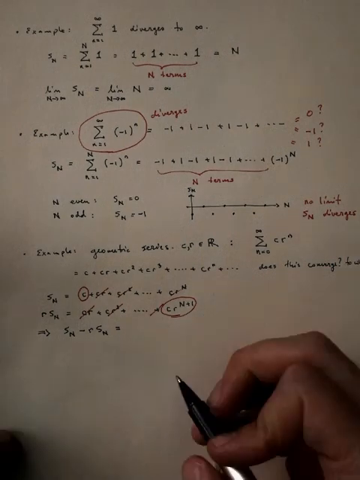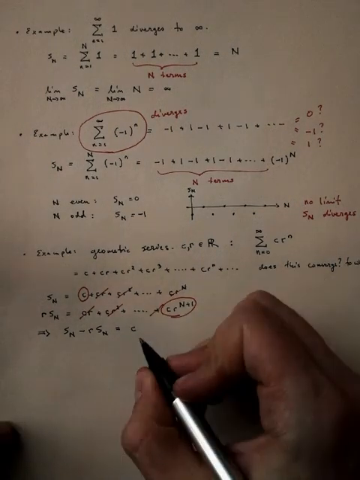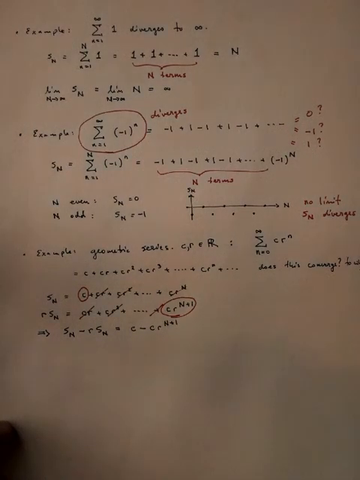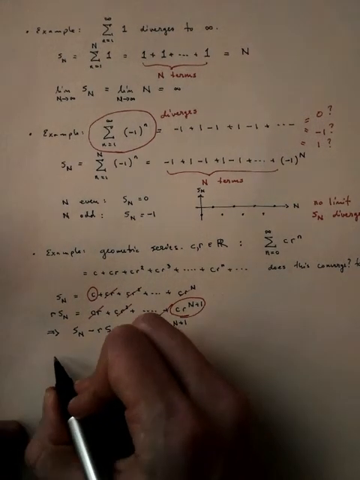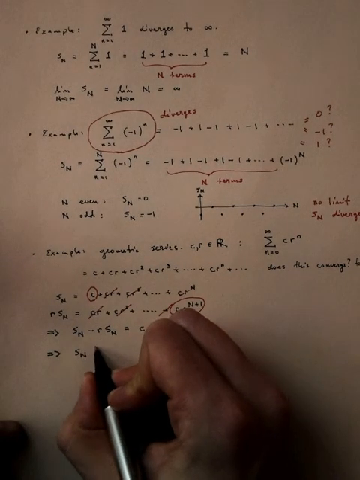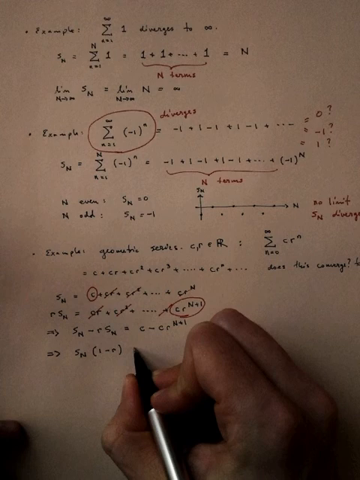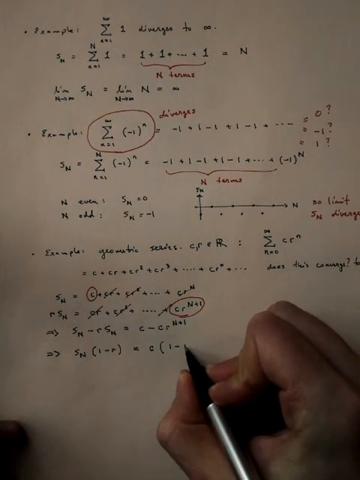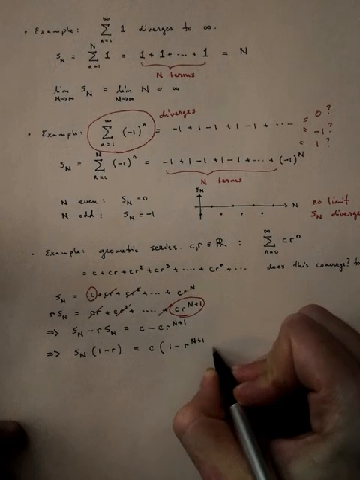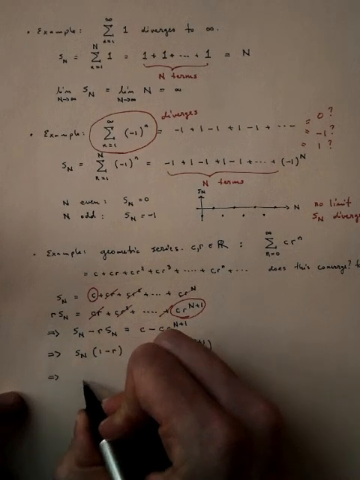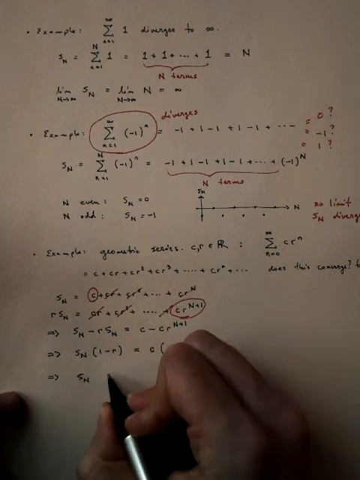So this is going to equal c minus cr to the n plus 1. Okay, now I can factor out Sn, so I get Sn times 1 minus r is equal to, and I'm going to factor out c, 1 minus r to the n plus 1. So I'll just divide to find Sn.